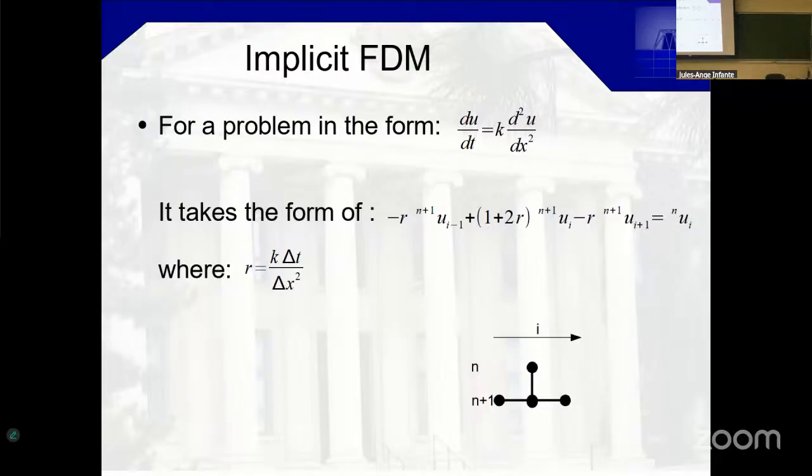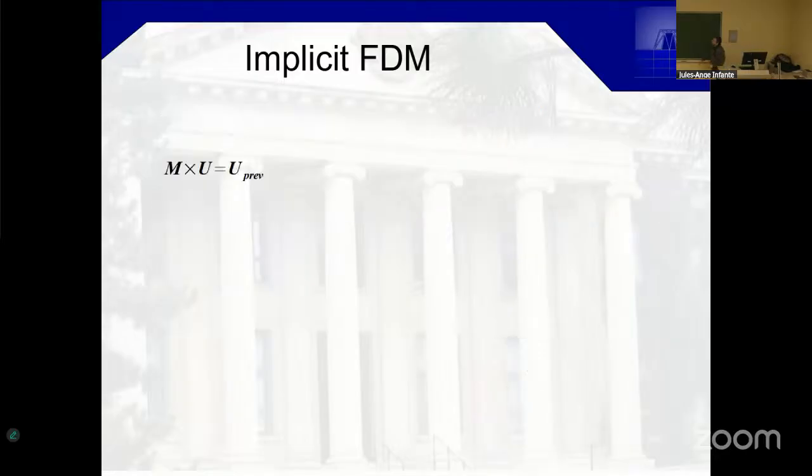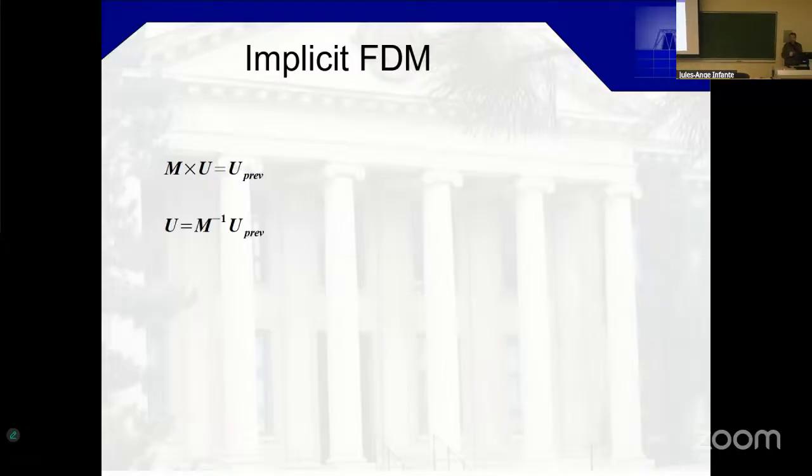It is in the form minus R, 1 plus 2R, minus R based on the neighbors, but on that side. So it's that matrix times the future one is equal to the previous one. The problem is that I know the previous one, and the one I want to know is this one, so I need to get rid of my matrix on this side. How do I get rid of the matrix? By saying my solution is the inverse of the matrix times the previous vector.